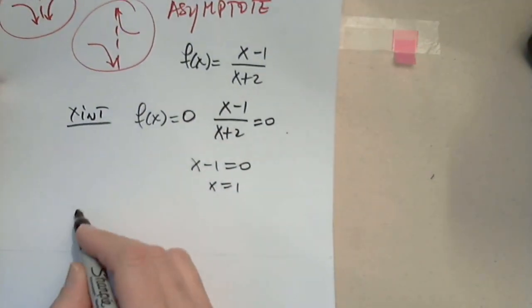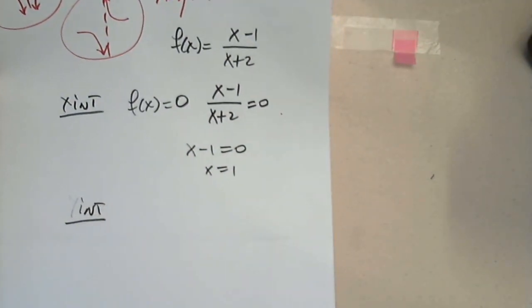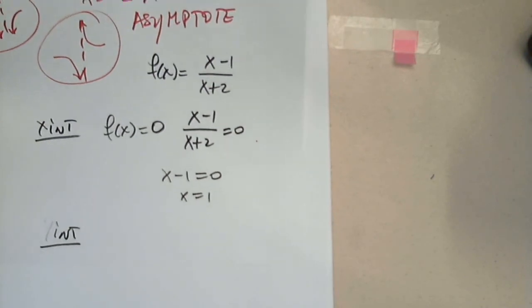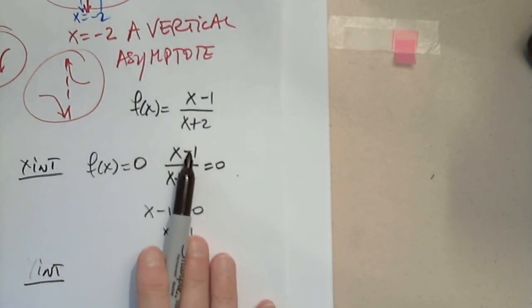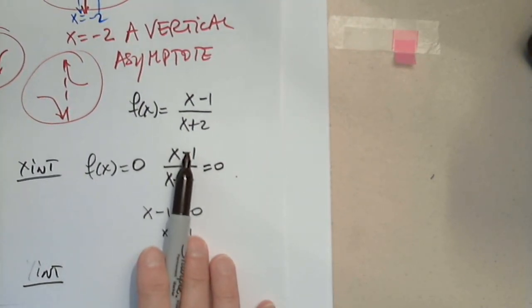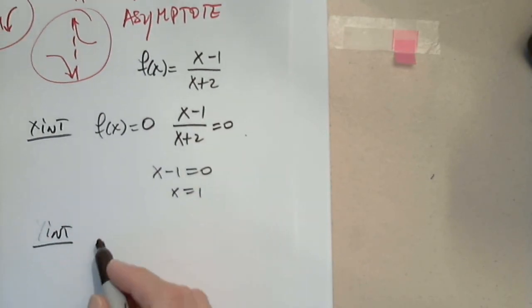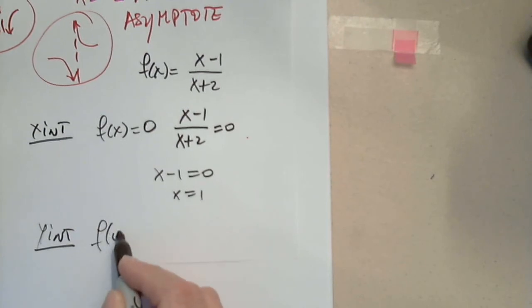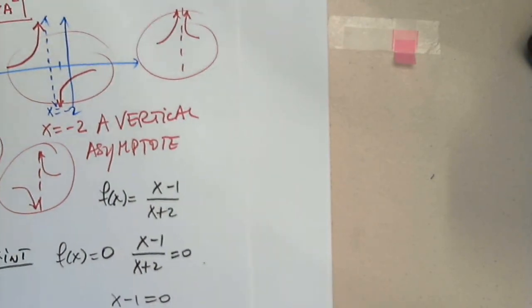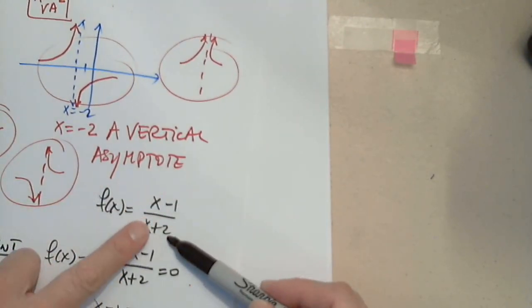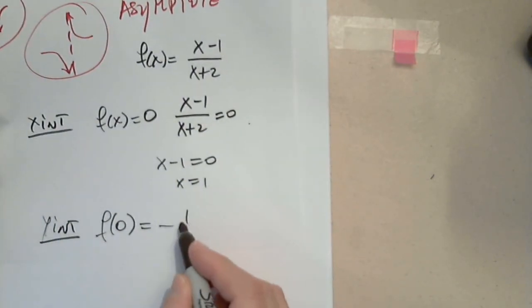Now I want the y-intercept. How do I determine the y-intercept for this function? Put 0 in for x. Excellent. Thank you very much. So 0, 0, so I have negative 1 over 2.